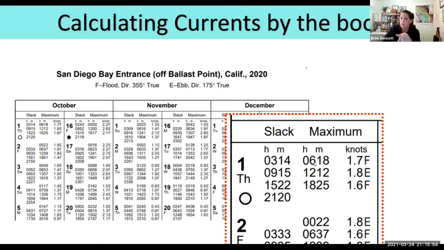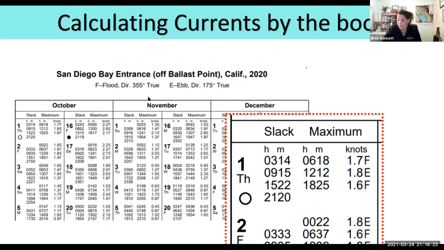So it's a little bit harder to read, I would say, than the tide one, where it's just a time and a height. But we're looking for our slacks and our maximum flood or ebb. So that's the difference on our table 1.